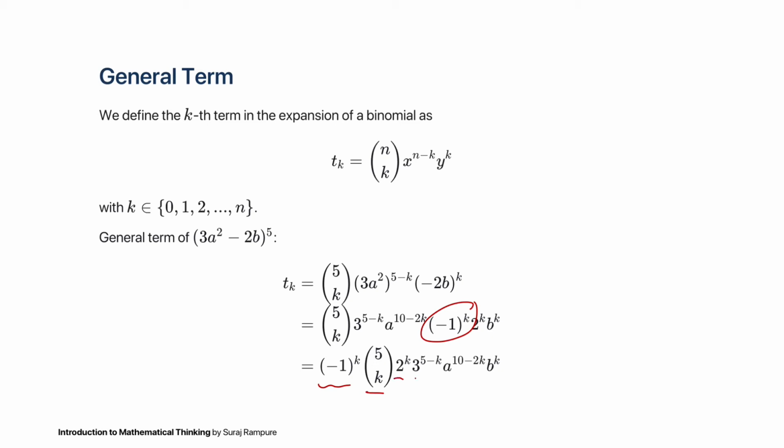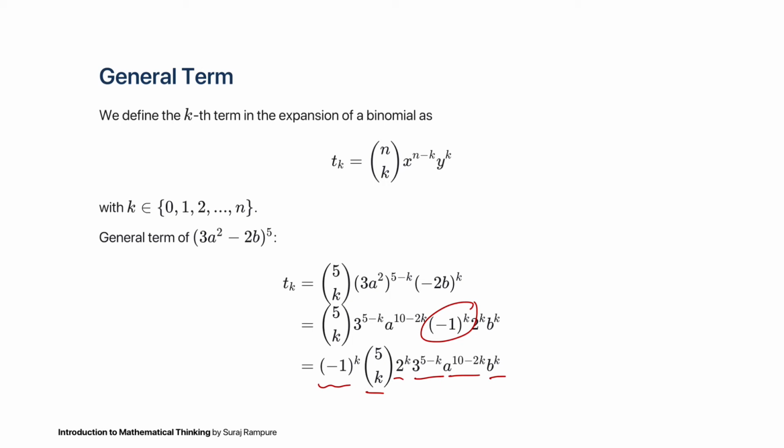So here I have 2 to the k and 3 to the 5 minus k, okay? And I like writing it like this as opposed to negative 2 to the k, because this separates determining whether or not the number is positive or negative and the numbers themselves, right? And then here I have my exponent on a to the 10 minus 2k, and b to the k. Okay? So this tells me at a glance, right?